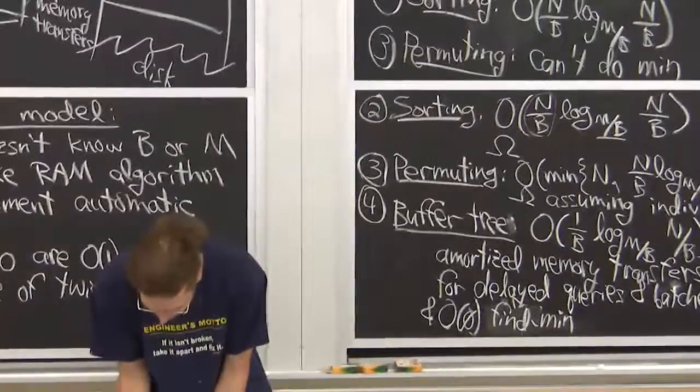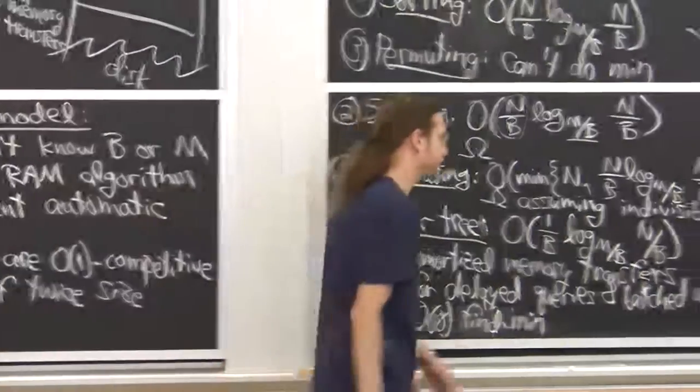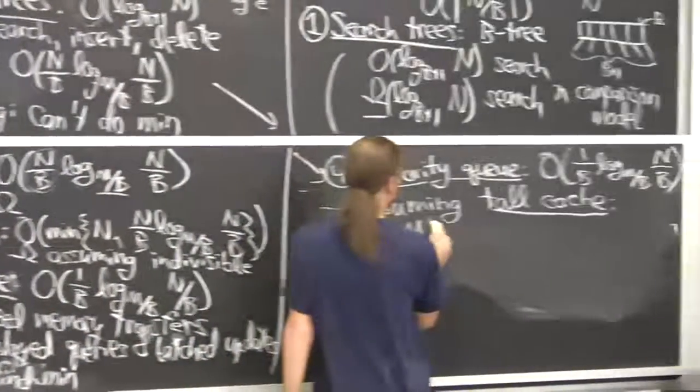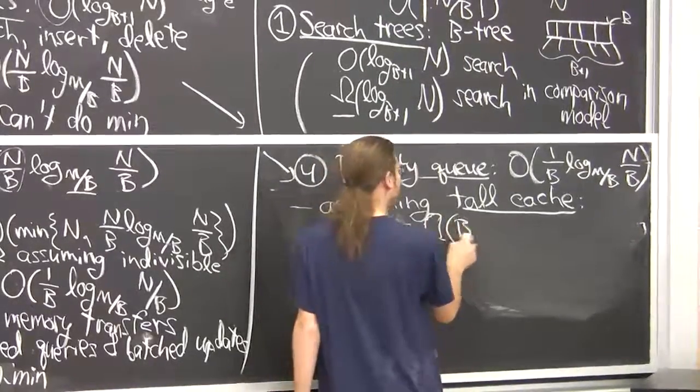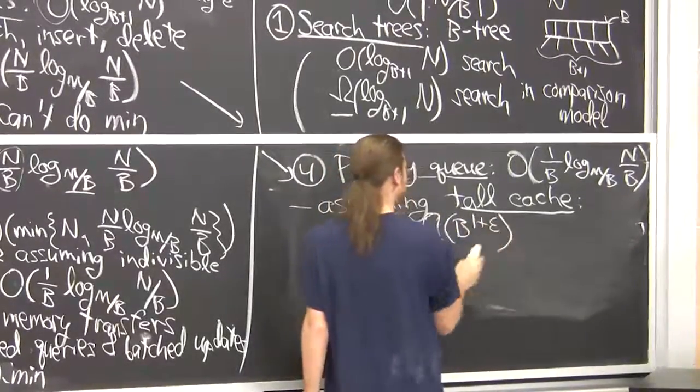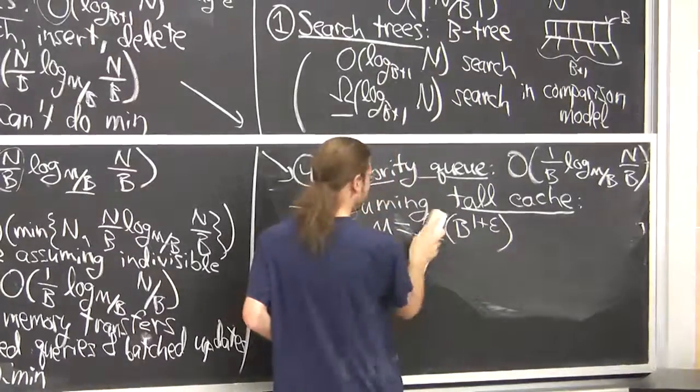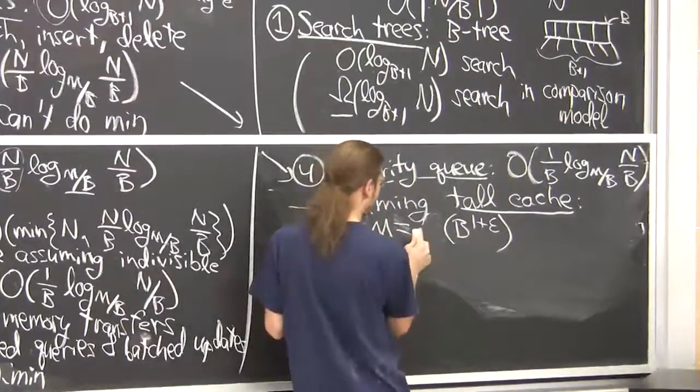We'll say M is omega of B to the 1 plus epsilon.